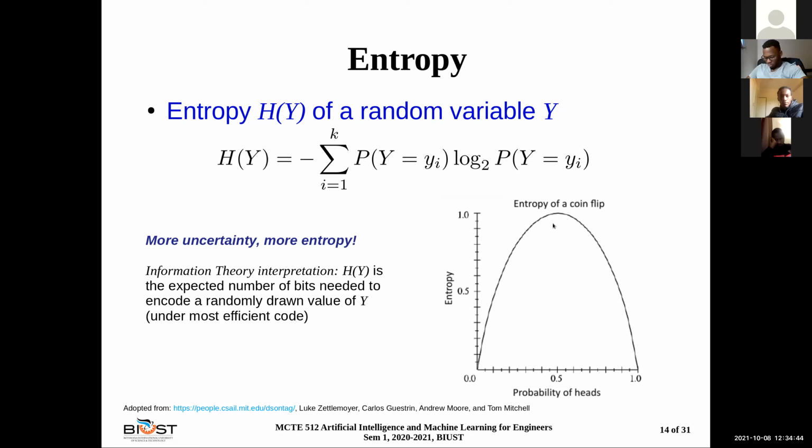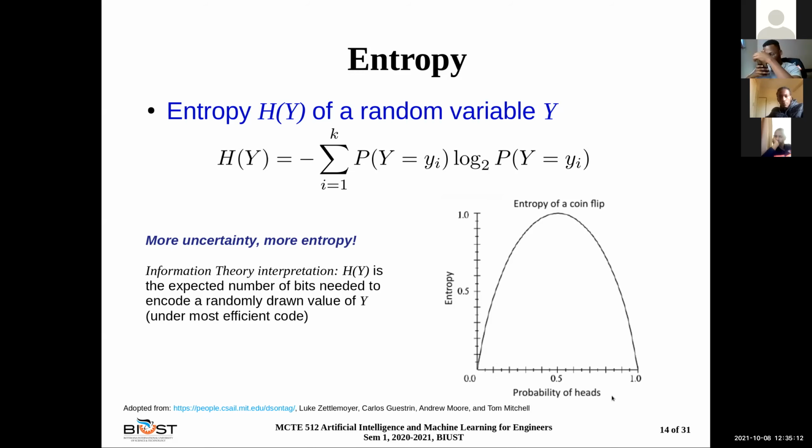That means there is the least certainty of getting a head or a tail. It's very uncertain whether you get a head or a tail. The entropy is highest. In this case, the certainty of getting a tail is high, it's 1.